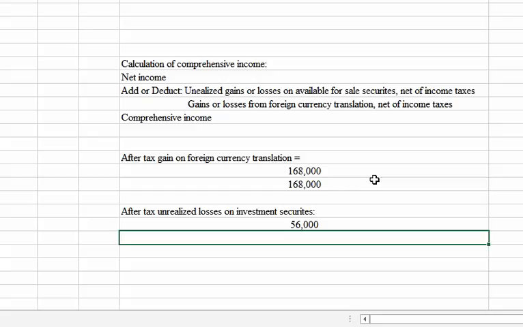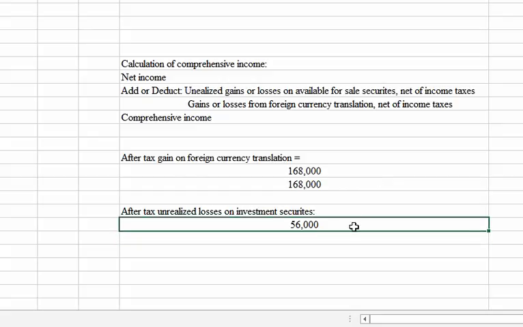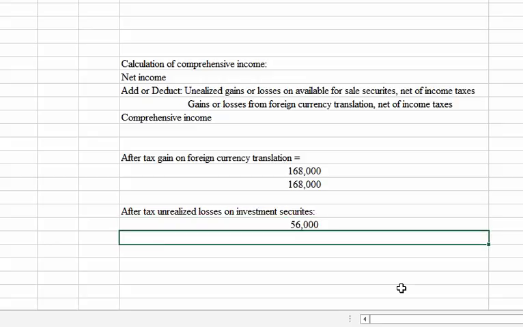Sorry, I kind of bungled that. There's tax benefit when you have a loss. Our tax rate on the benefit is 30%. The benefit minimizes the loss. So the amount of the loss after the benefit would be 80,000 times 0.7, or 56,000.